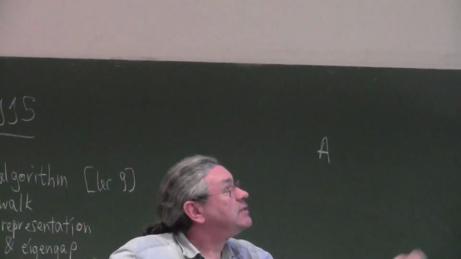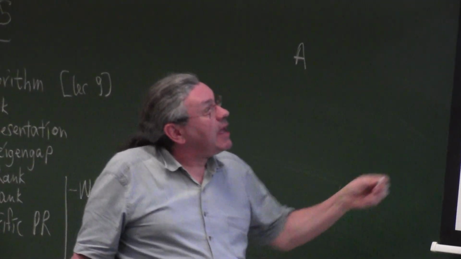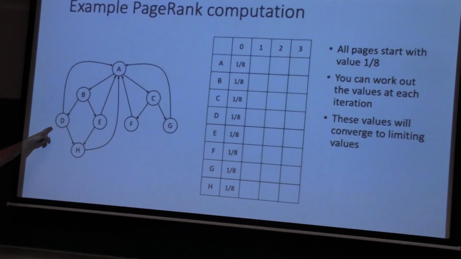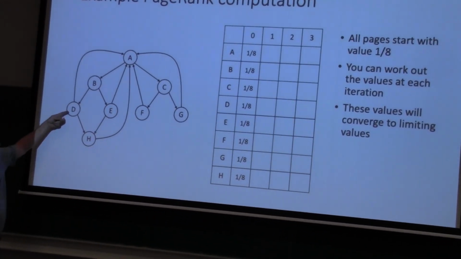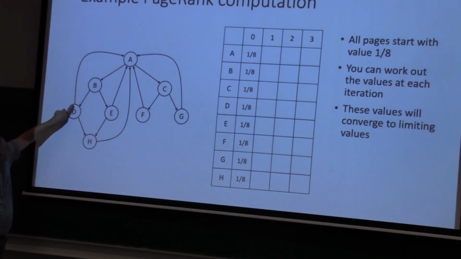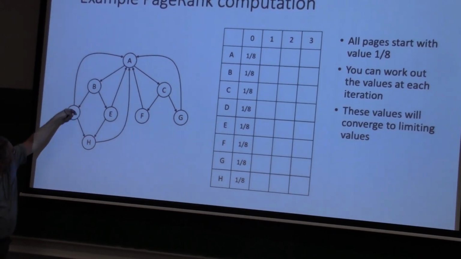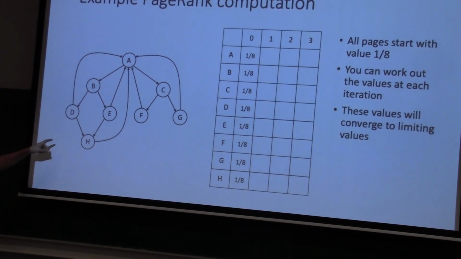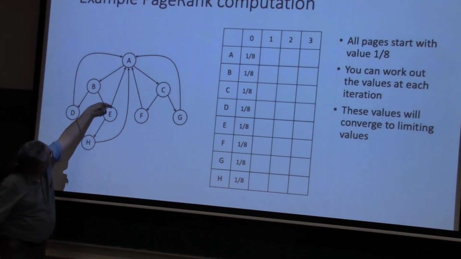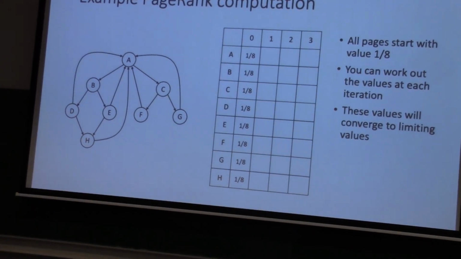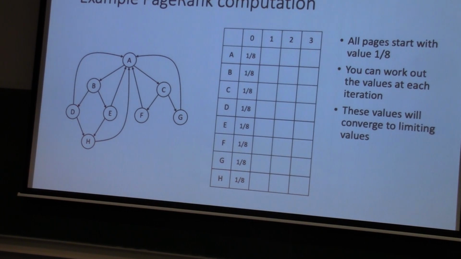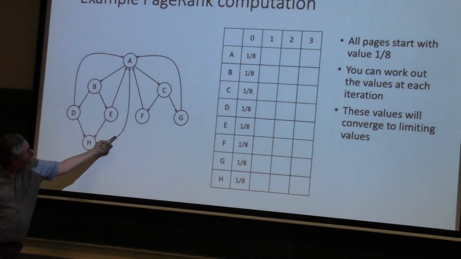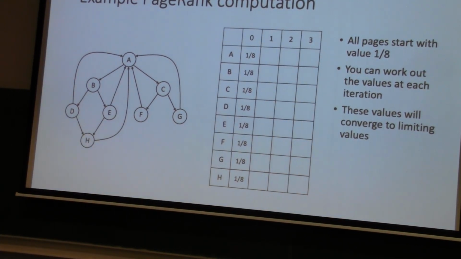And so what happens is, after one iteration, A has 1/8 liter, which leaves, and all the in-links, the fluid comes in. So D has 1/8 liter, but has 2 outgoing links. So it's divided in 1/2, so you have 1/16 coming from D. E has also 2 outgoing links, so there's 1/16 coming from E. H has no outgoing links, so everything goes there, so this is 1/8.